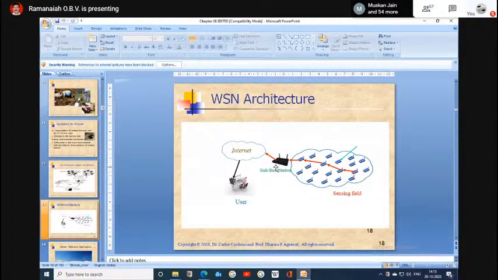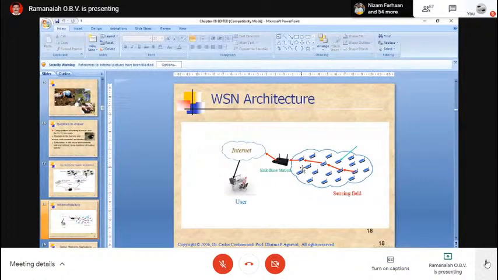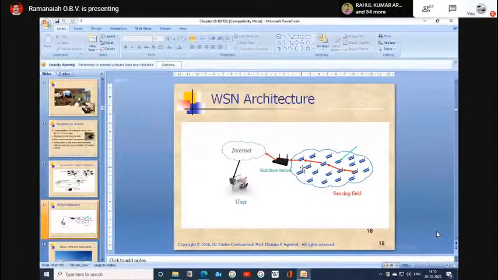And the command from the user, from the monitoring station, is given to get the readings. So it is data centric, as I mentioned in the morning. It is not address centric. The monitoring station cannot address a particular sensor node for a particular value; it can only request the information in the form of queries, right?